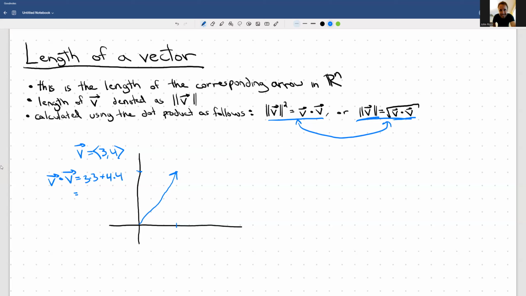And that's just going to be 9 plus 16, which is 25. v dot v is 25. And then we can conclude that the length of v, which is the square root of v dot v, is just going to be the square root of 25. So it's just going to be 5.